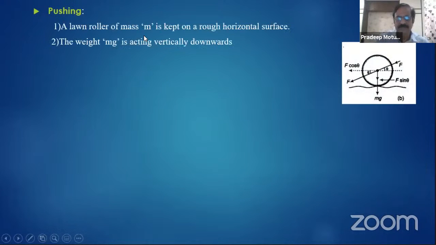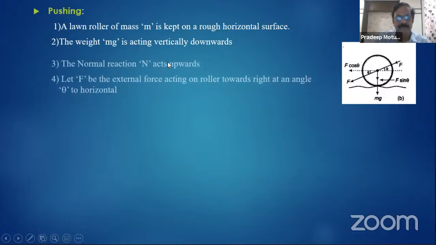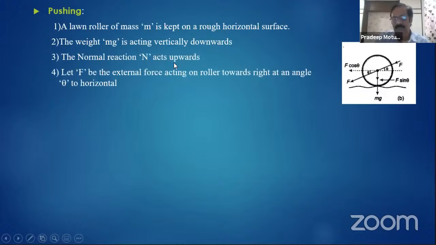Here we are pushing. A lawn roller of mass m is kept on a rough horizontal surface, as you know. The weight mg is acting vertically downwards.